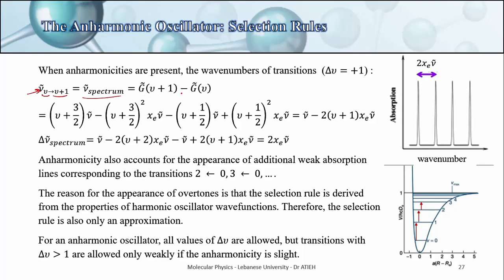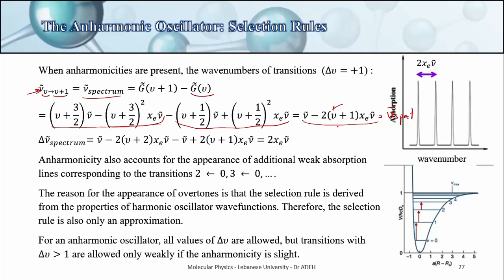So we substitute for G nu as we have found it for an anharmonic oscillator. This is for G nu plus 1 and this is for G nu. We substitute, we arrange, we get this form. You can see that as nu increases, nu bar of the spectrum will decrease, which means that the difference between the energy levels will decrease as the energy or the quantum number increases.